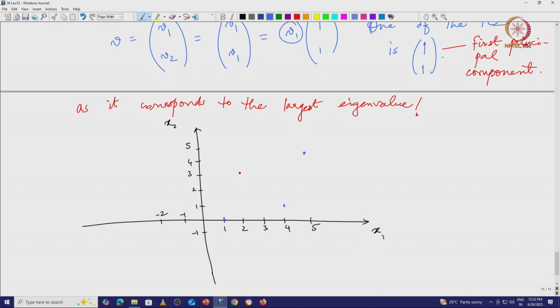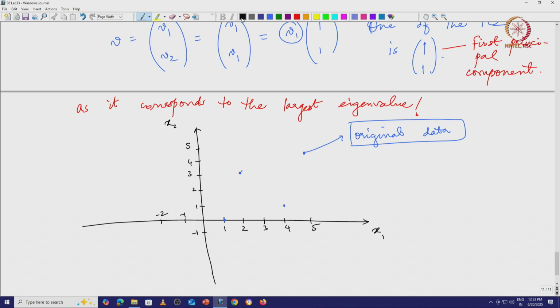So, when you transformed the data, it became the transformed data, let us see where it is, and I will try to use just the black color for that. So, if we put everything in blue, this is the original data, and then if you put everything in black, that is the transformed data.